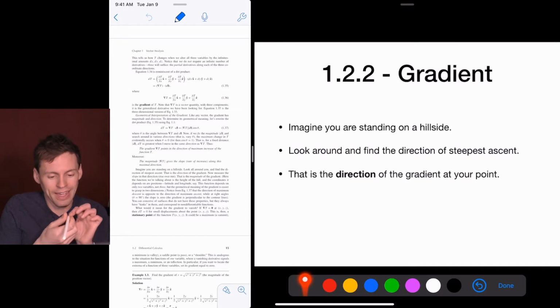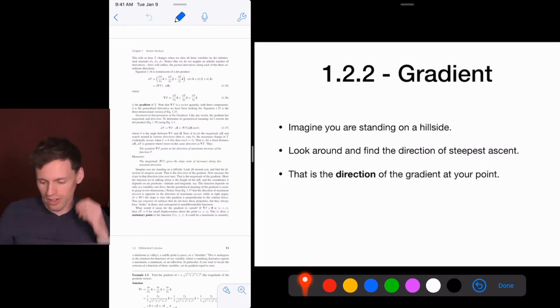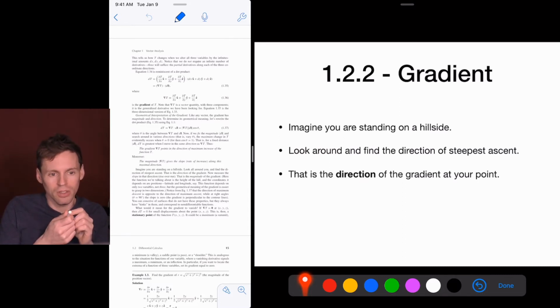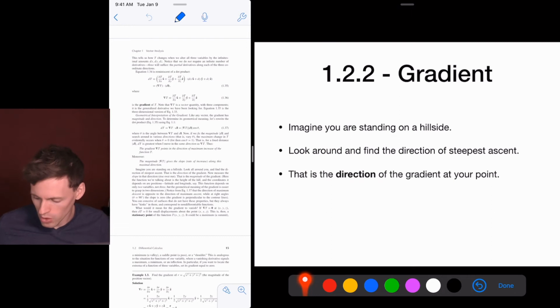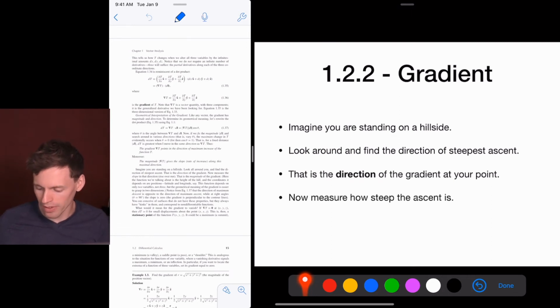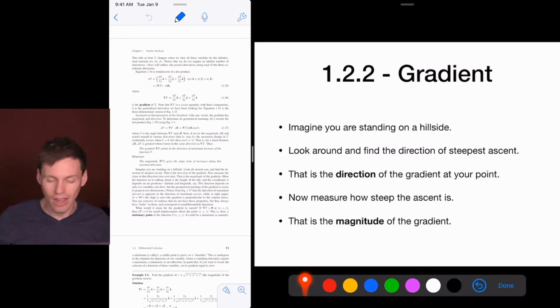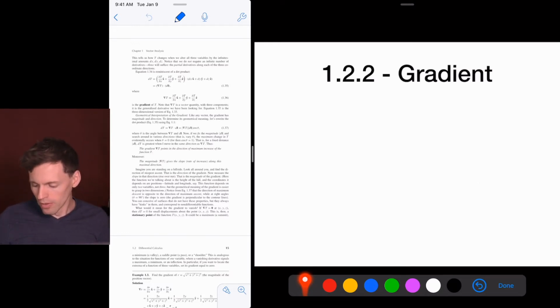If I calculated the gradient at where I'm standing, the magnitude would be a value, and its x, y, and z components would point in the direction of the steepest ascent at that point. So the direction is the gradient. The magnitude is how steep the ascent is, or the slope.